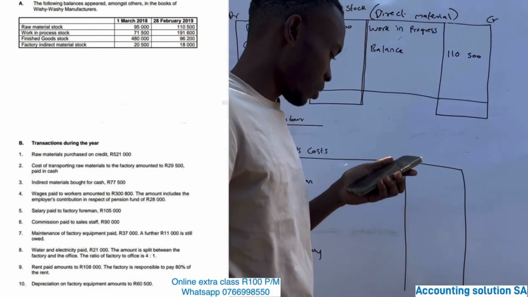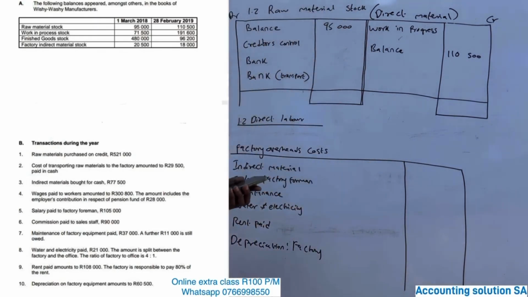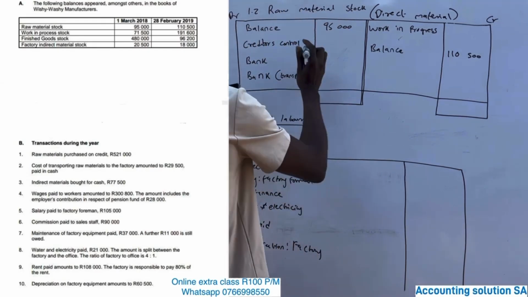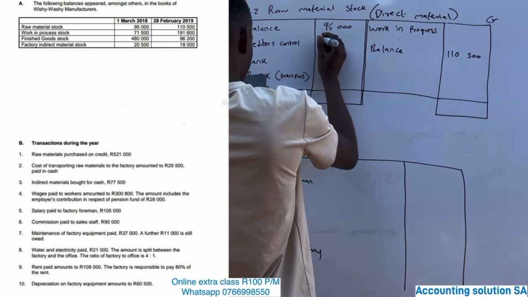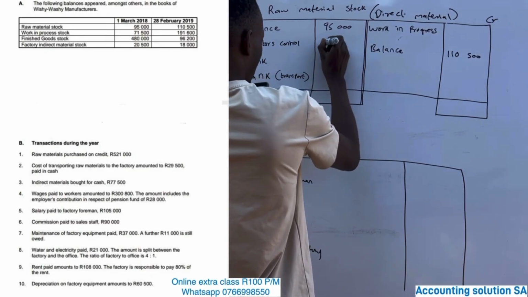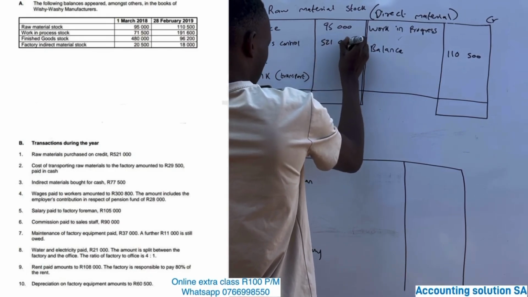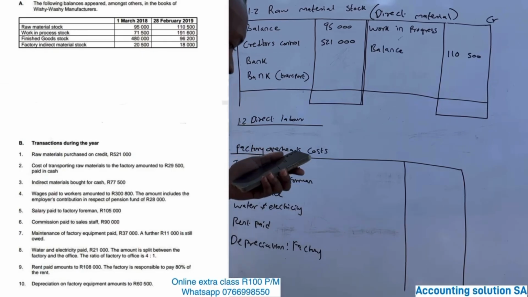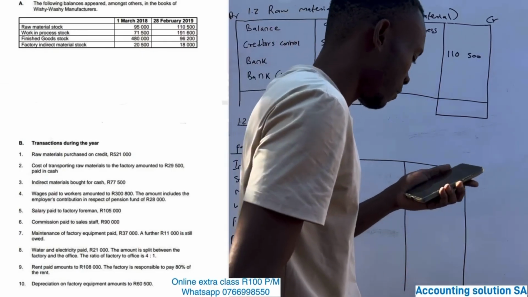Transaction number B, the raw material purchased on credit, which is 521,000. We bought on credit, which means that the words creditors control are going to be used here, which is 521,000. Okay, and the cost of transporting raw material to the factory amounted to 29,500.